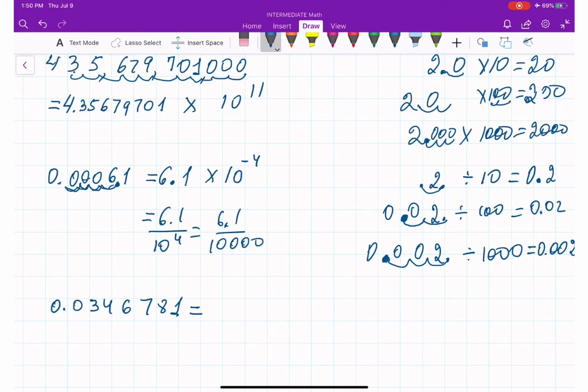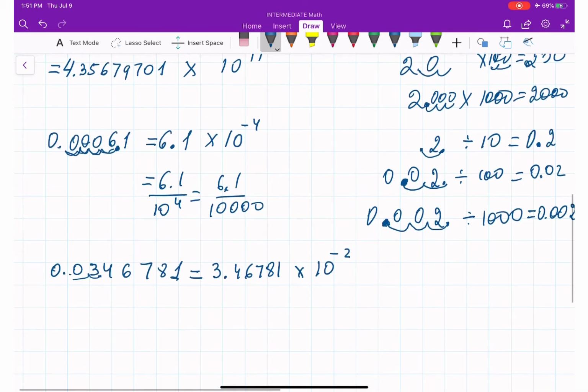So I cannot put 781, I can put only 3.46781. So if I have 3, how much do I have to move back? By 100, right? 1 and 2 zeros. It's going to be 10 to power negative 2. One more. Let's do one more.